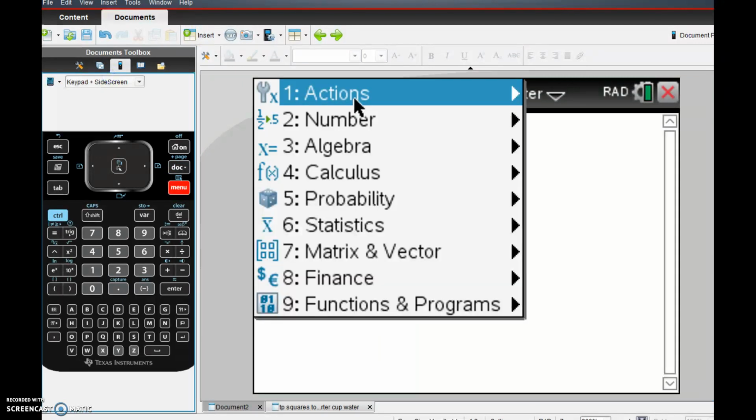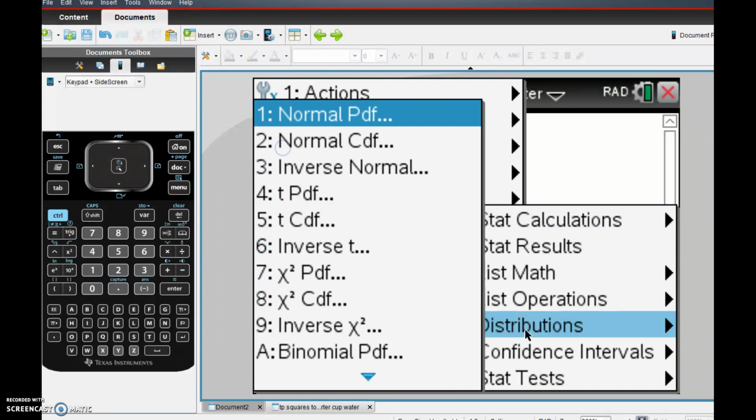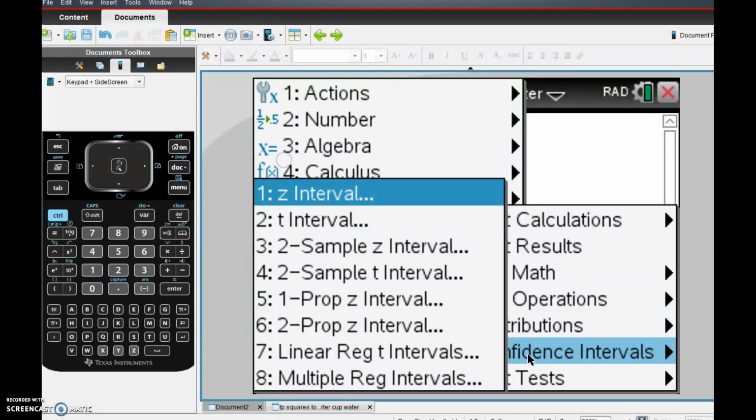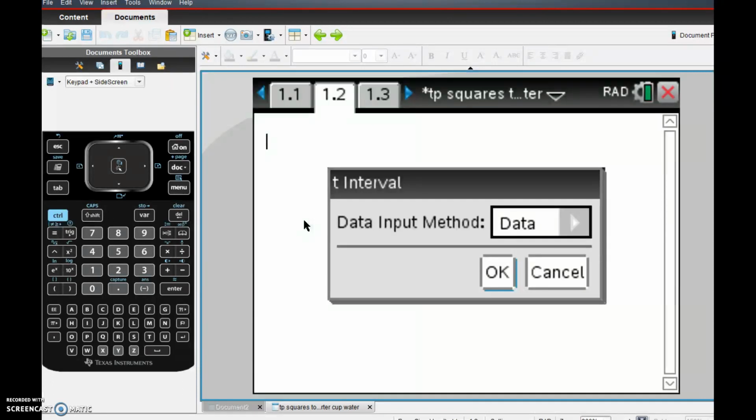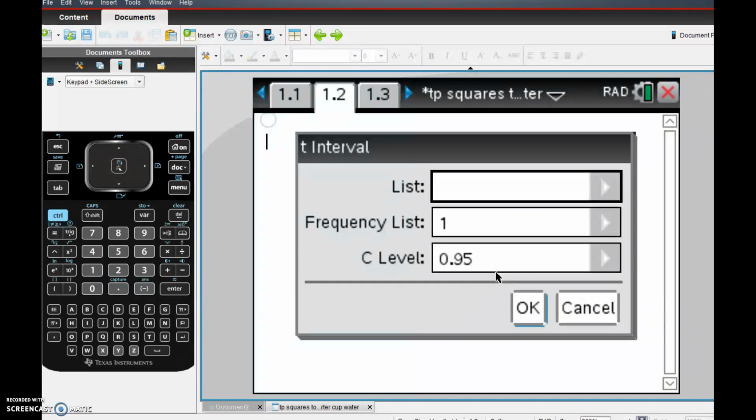Menu, statistics, distributions, confidence intervals. I want to do a t-interval, and I have the raw data. All you have to do is put in the list and put in the confidence level.